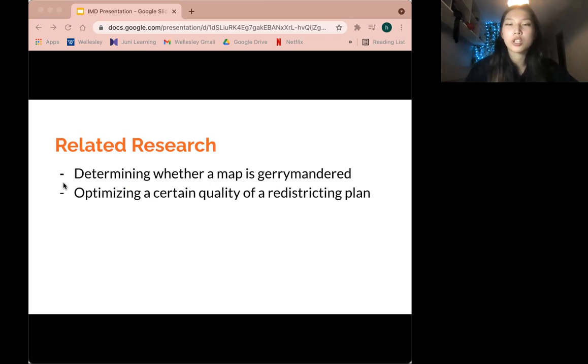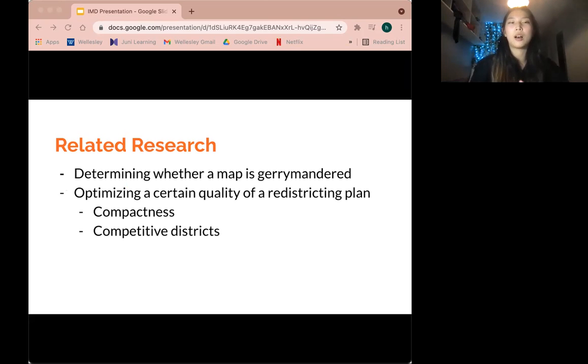Other research tries to optimize a certain quality of a redistricting plan. For example, compactness is one of the more sought-out qualities, and it disregards any partisan information of the constituents and just tries to keep communities packed together. And then we also have ways that try to optimize having competitive districts, meaning that they want to draw the districts so there are narrow margins between the two parties.